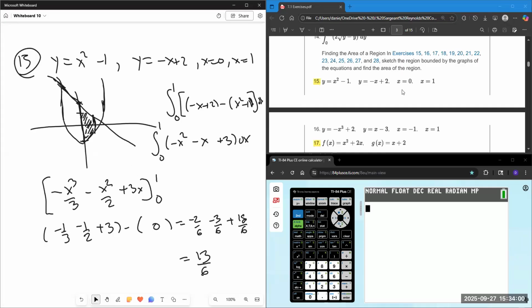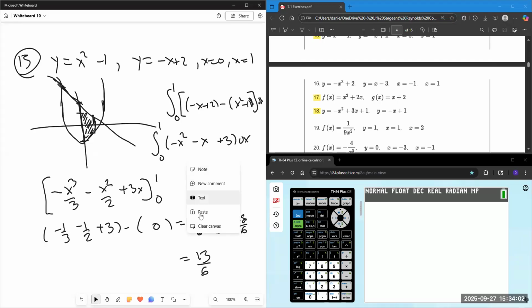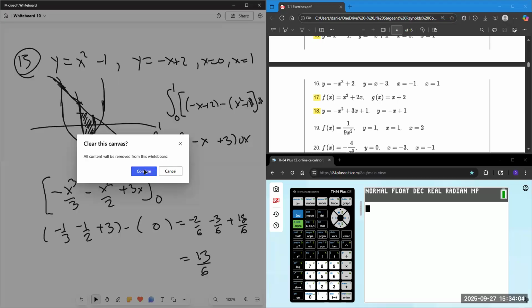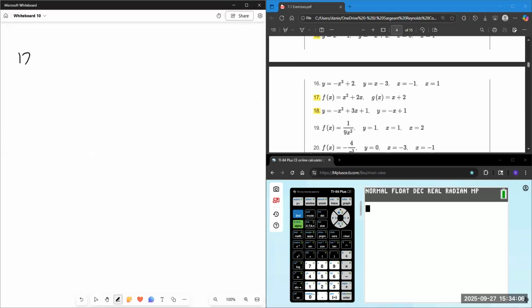So now at number 17. It says f of x is equal to x squared plus 2x, and g of x is equal to x plus 2. Notice I don't have any bounds limits set to my left and my right like last time, so I'm going to have to find the point of intersection with algebra.